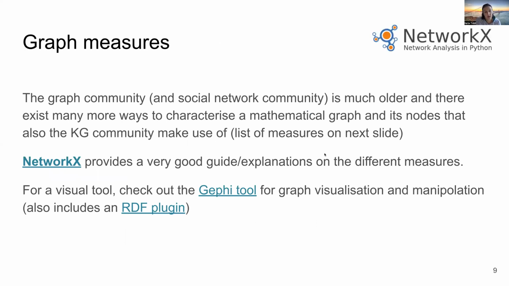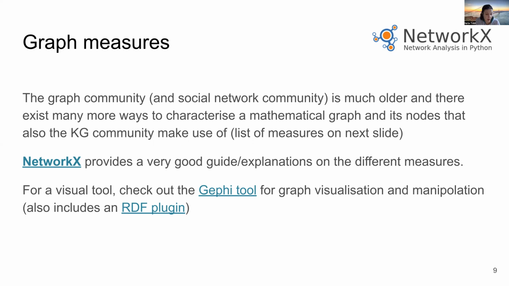Once you have converted your graph, you can then calculate the typical graph measures. The graph community, as well as the social network community, is a much older and bigger community than the semantic web one, and they have been looking at ways to characterize a mathematical graph for a long time. This means that the knowledge graph community can also make use of it once you convert your graphs into data formats that can be used.